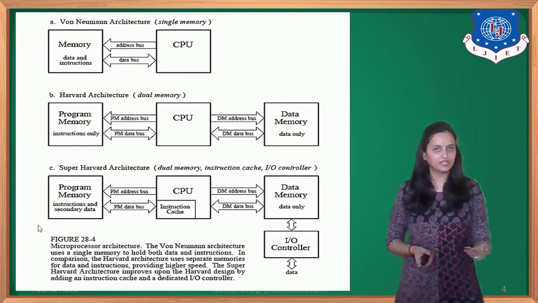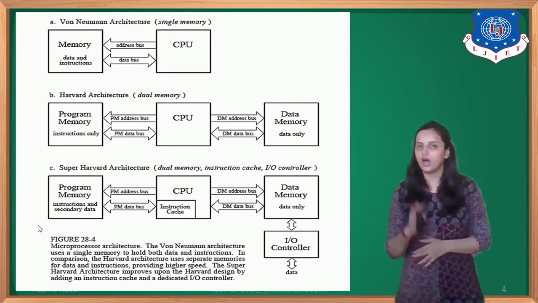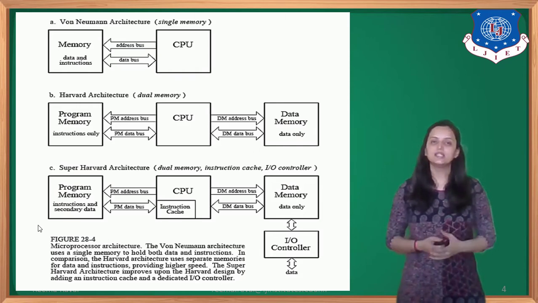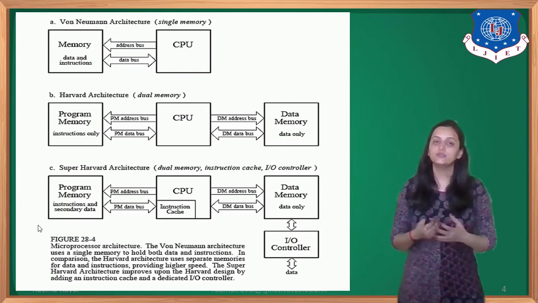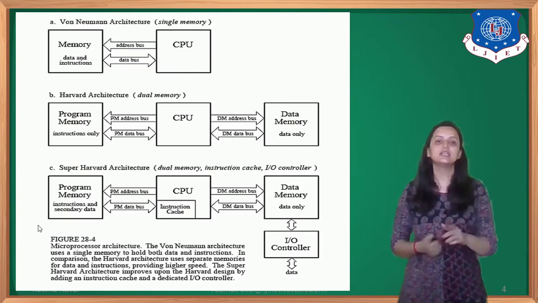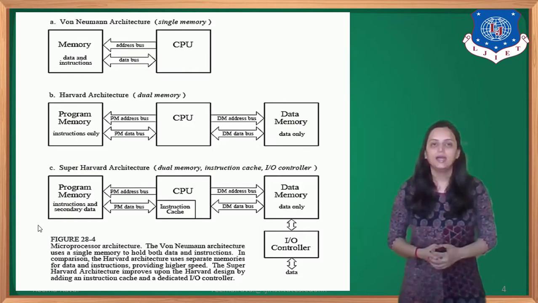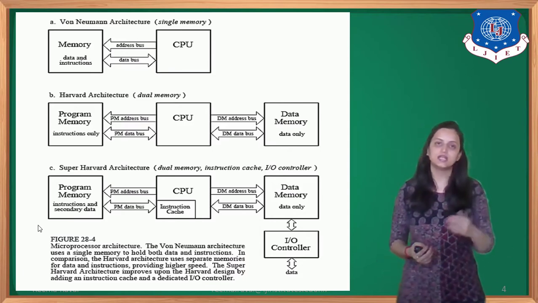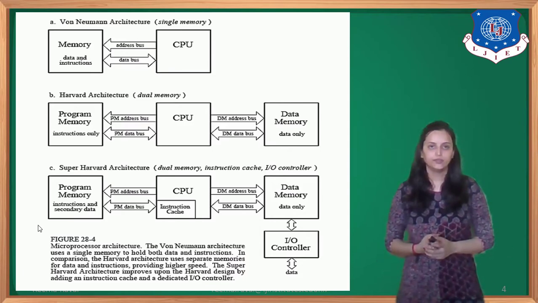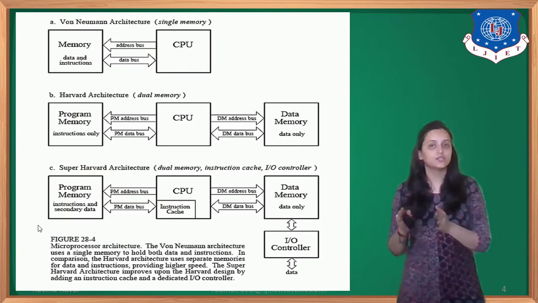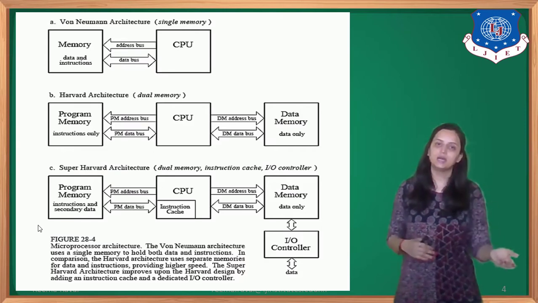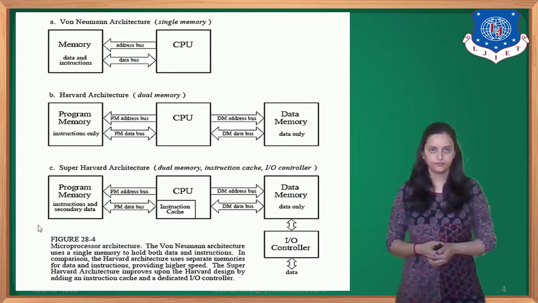As you can see in figure A, von Neumann architecture has a single memory which communicates with the CPU using an address bus and a data bus. In the memory, data and instruction sets are stored, and to access them, the CPU uses the data bus and address bus.